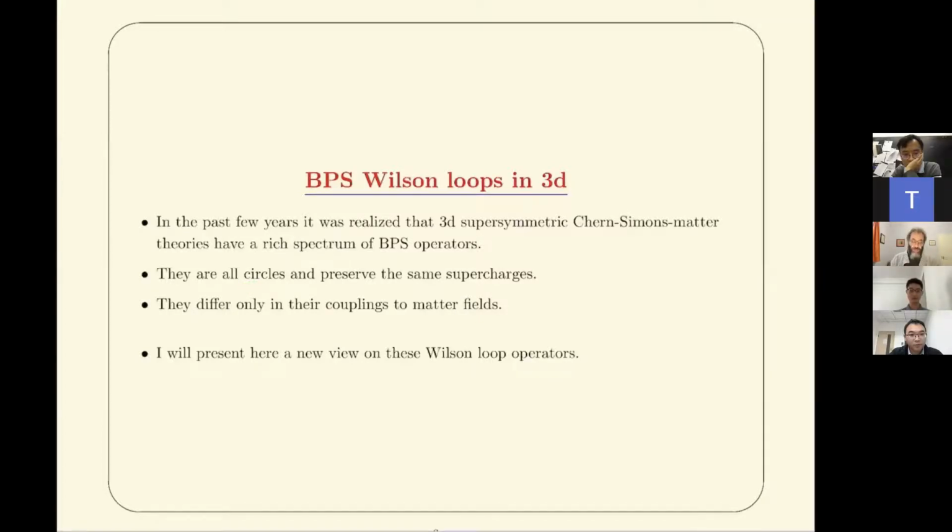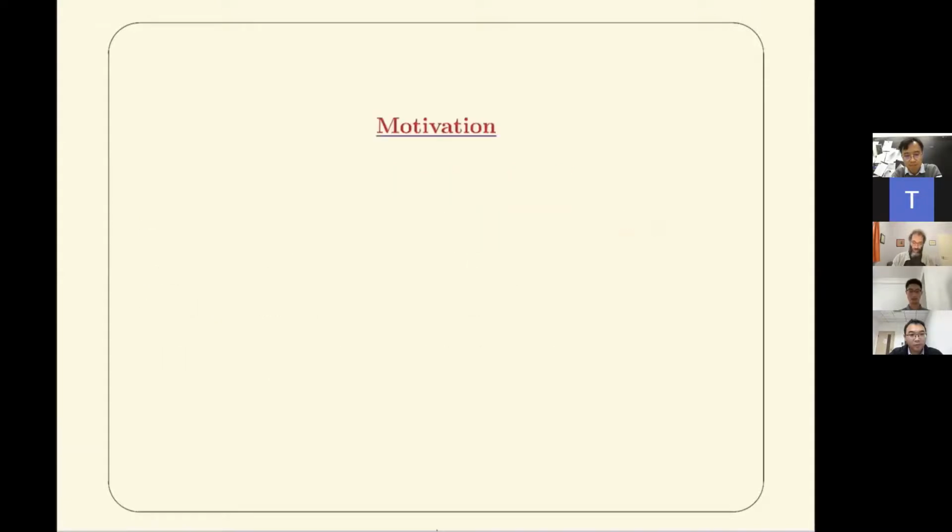What they differ by is the couplings that appear in them. So we include, in addition to the usual gauge field that you have to have in a Wilson loop, a coupling to the matter fields. In this talk, I will present a new view on these line operators in 3D, a different way of looking at them and classifying them. And I will also present a few new examples.